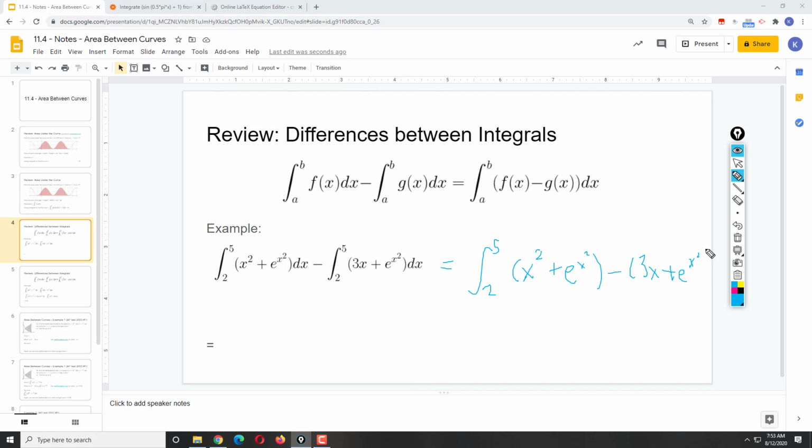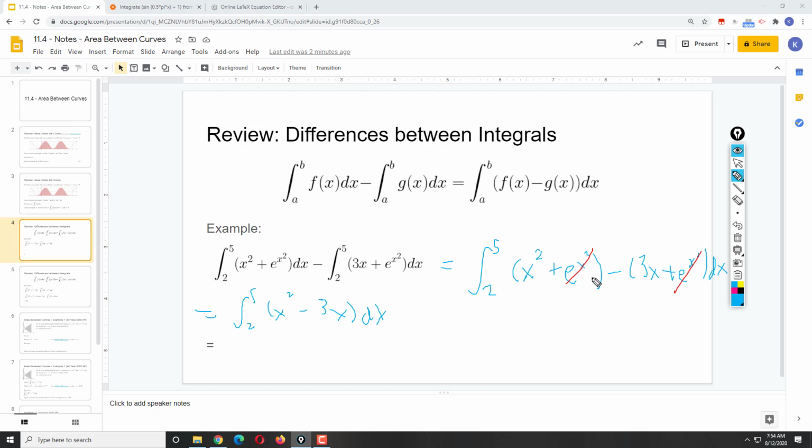This is useful because we don't really know how to integrate e to the x squared. But as it turns out, they cancel anyway when we subtract. So this is really just equal to the integral from 2 to 5 of x squared minus 3x.